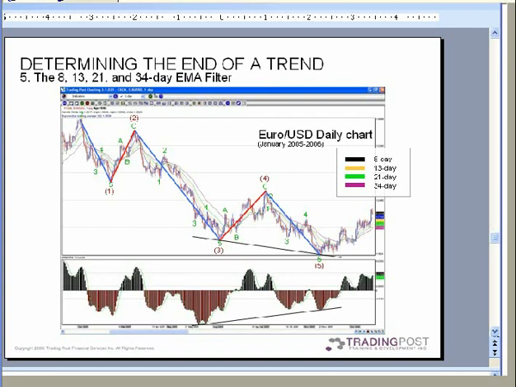If you determine that we're in a wave 3 by looking at the general trend, the daily bar, and the actual candles on the daily chart, then you're going to want to use moving averages to get you into a trade. So we're going to talk about these moving averages in terms of getting into a trade and exiting a trade.